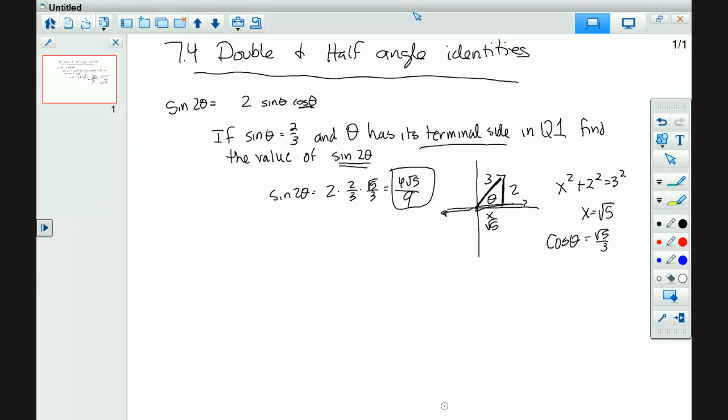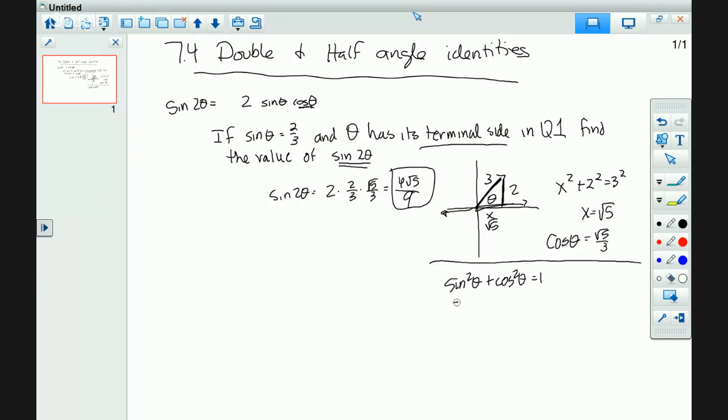Your book actually does this a different way than the triangle method. Your book uses this identity to find cosine theta. So there are 2 different ways to do it.